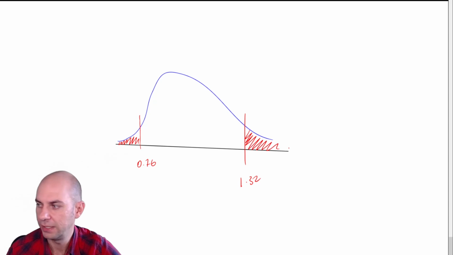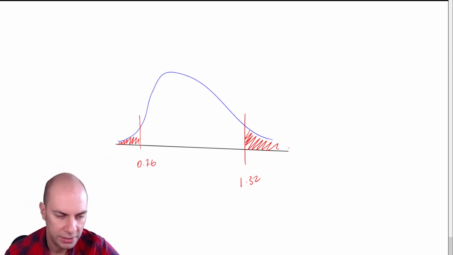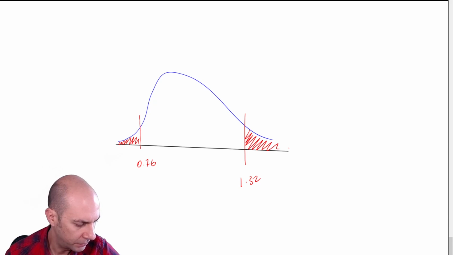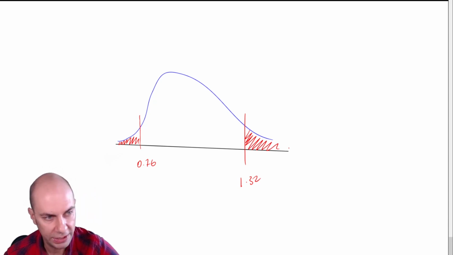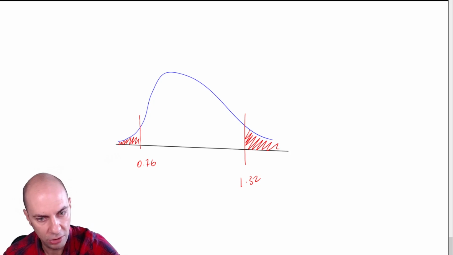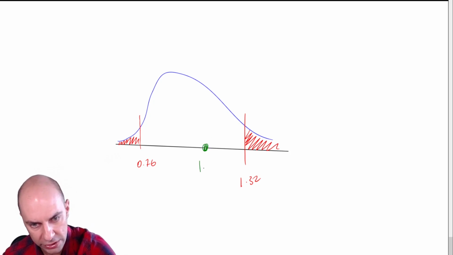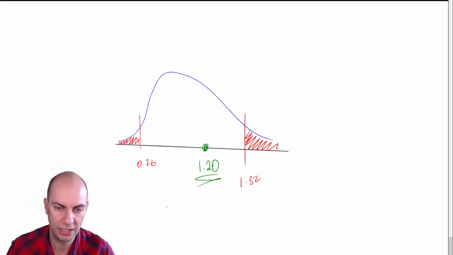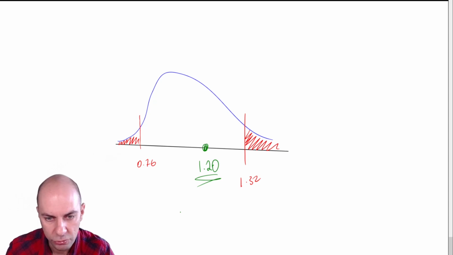If you fell into any of those rejection tails, you would need to reject. However, our computed F statistic is only 1.2, so it's somewhere here. And because it's not in a rejection tail, we are not going to have to reject.